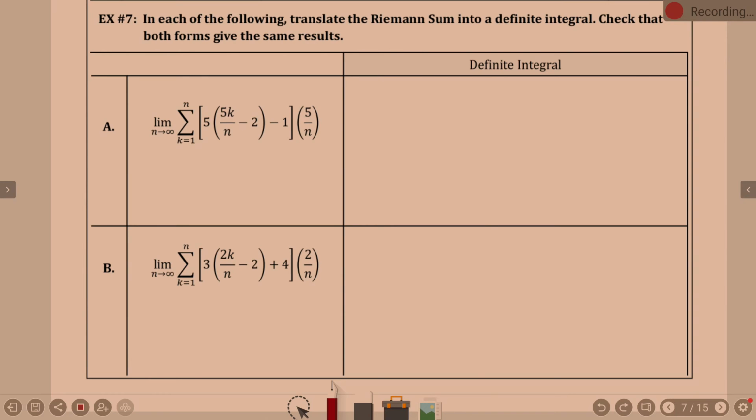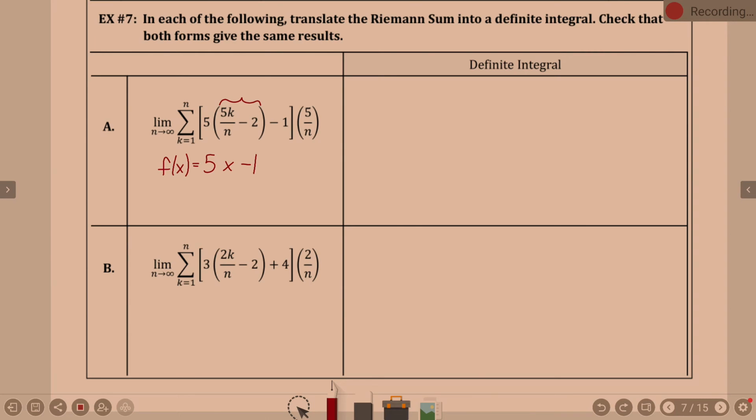Well, thoughts of anything you can identify? f of x equals 5x minus 1. Do you see it? He's saying f of x is going to be 5x minus 1. Because what do you have here? 5 times something minus 1. So what is this right here then?